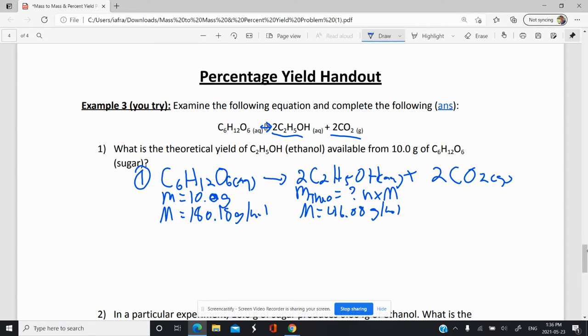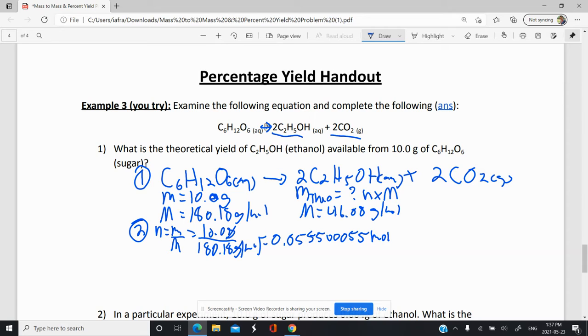So let's go ahead and convert this into moles. The moles is going to be the mass over the molar mass, which is 10.0 grams over 180.18 grams per mole. Cancel those out. So 10 divided by 180.18, and we get approximately 0.055500055 moles.